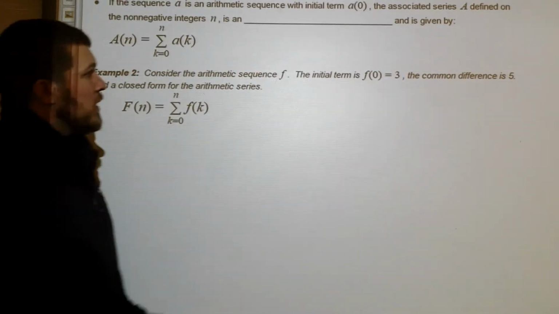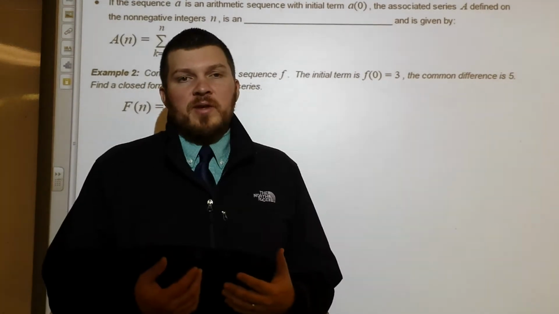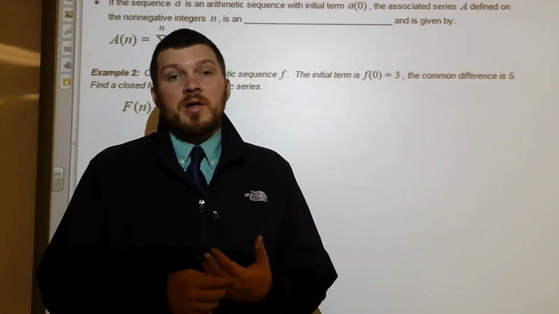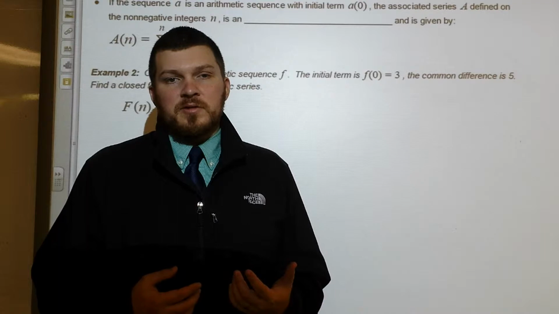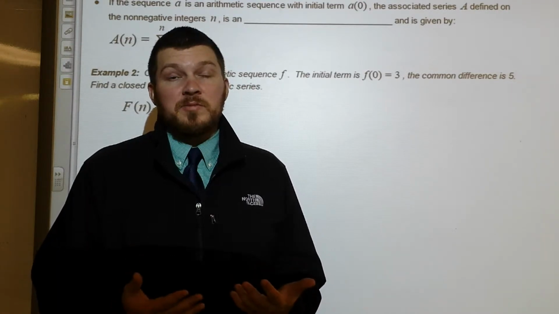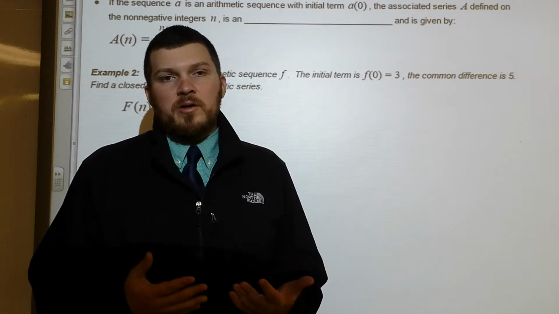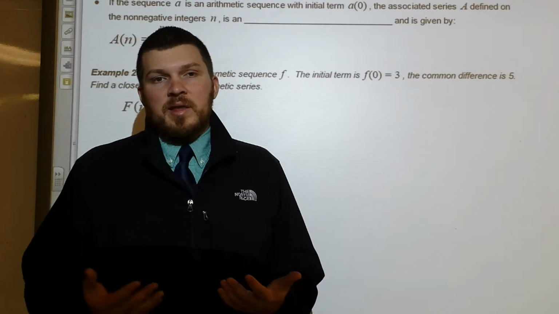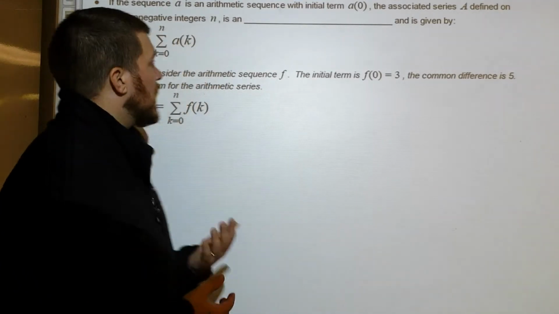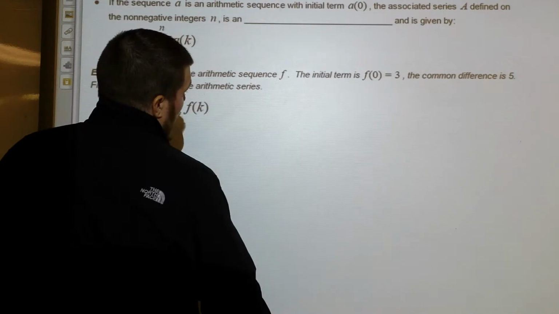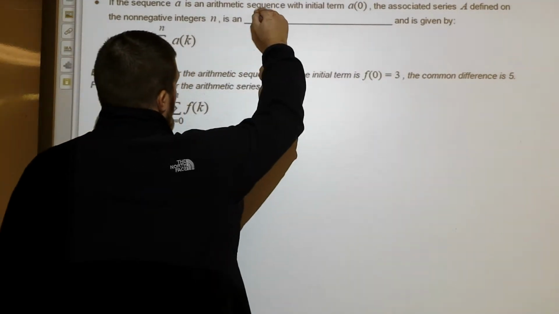Alright, so sometimes once we have an arithmetic sequence, there's what's called a series associated with that sequence, which we've already learned about. It's simply when we add up all the values in our sequence, then that sum is called the series. So here we have the arithmetic series.